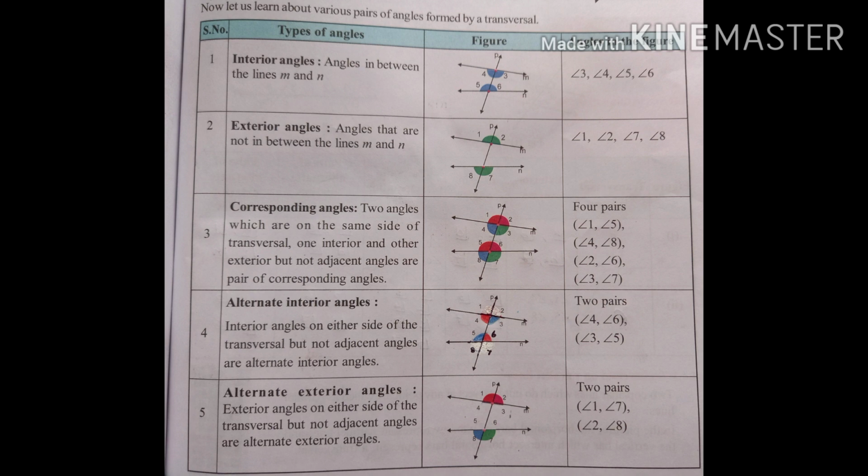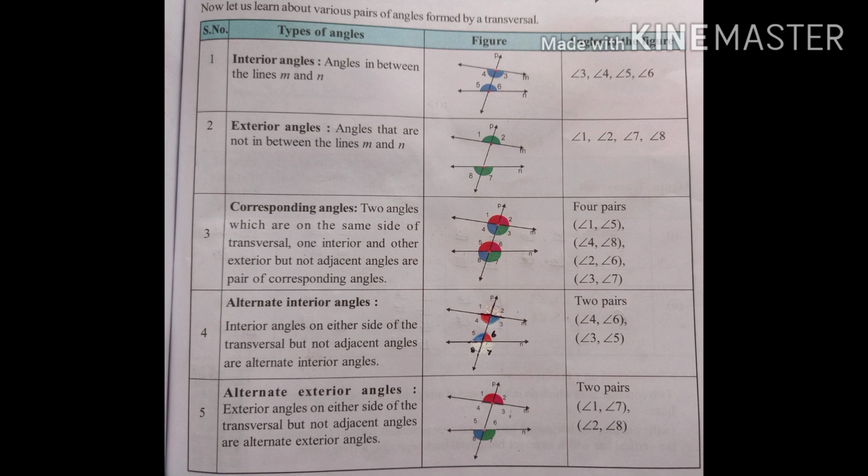Now let us learn about various pairs of angles formed by a transversal. See the tabular form, children. First one, interior angles. Interior angles means angles in between the lines M and N. So, in between the lines M and N means which angles?